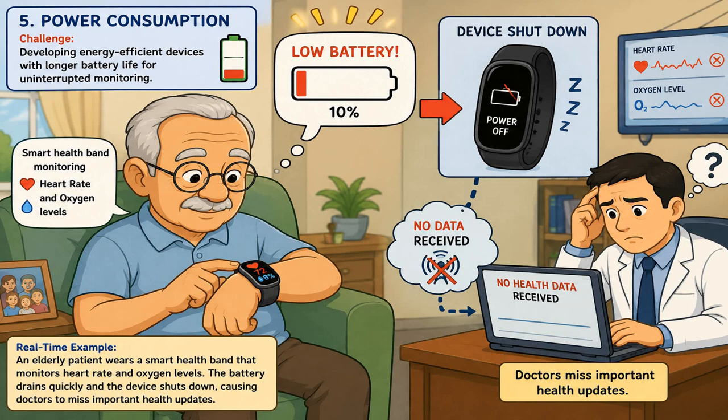Now, here the challenge is developing energy efficient devices with long battery life. That is the main challenge, and the possible solutions include low power sensors, efficient hardware design, smart power management, then energy harvesting technologies, and battery optimization techniques. So here we can see that efficient power management is essential for uninterrupted healthcare monitoring and improved patient care in healthcare IoT systems.